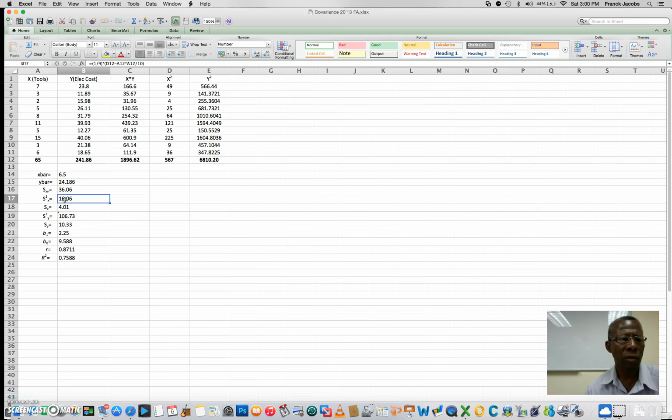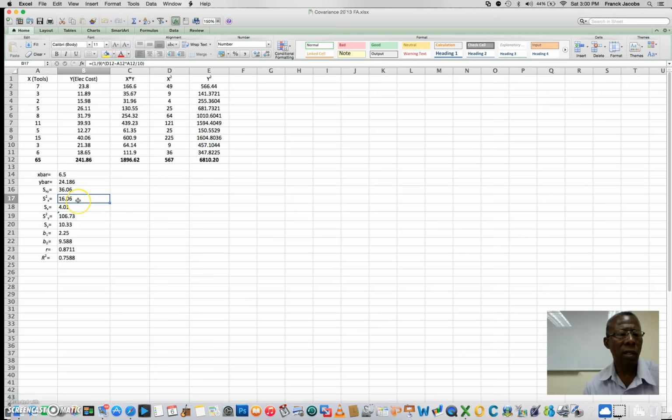S squared sub x, which is shown here, that is the variance of the x values, would be given by the formula, not shown, but it's in the formula bar here: 1 over n minus 1, that would be 1 over 9, times, open brackets, the sum of x squared, which is in this D12, minus the sum of x squared divided by 10.